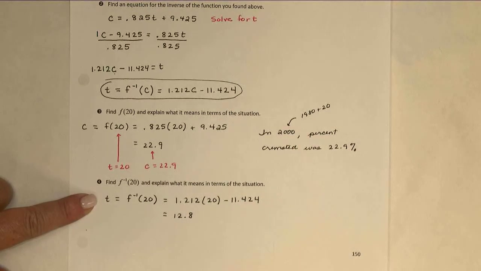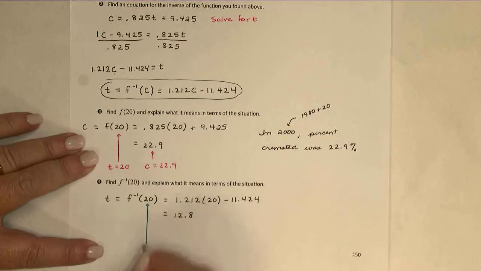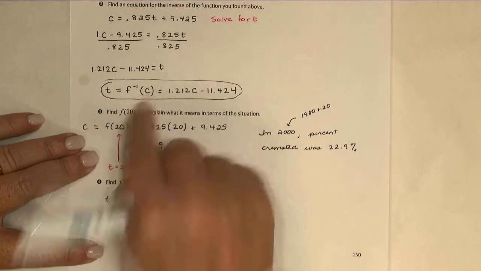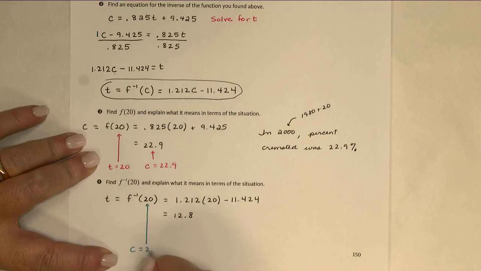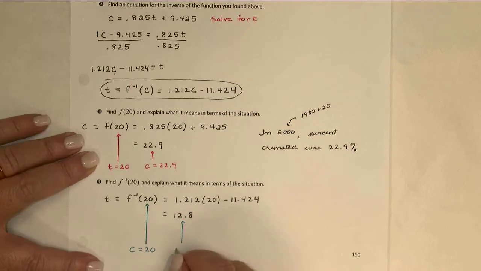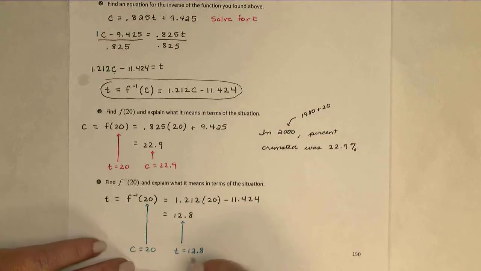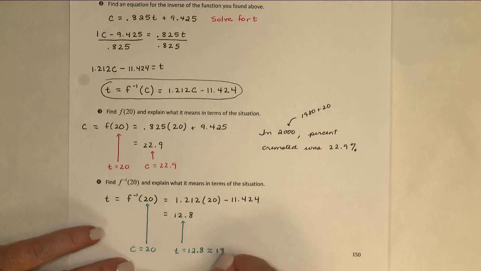This is saying the 20 was what we plugged in, that was the C. The 12.8, what we got out of it was T. Since T is a number of years, I'm going to actually round that off, and I'm going to say that's about 13.